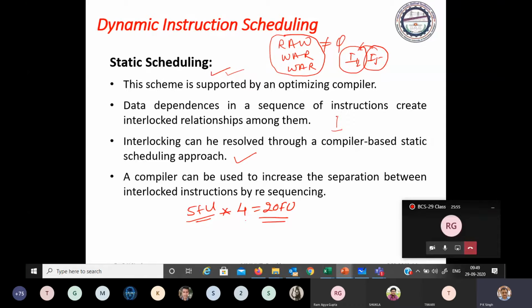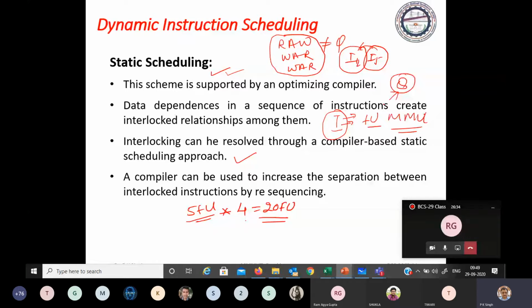if you write a program, that program may not have multimedia instructions or floating point instructions. Then you can't use the floating point unit or the multimedia unit. Okay, you can't use these 2 units, and the total number of units is 8, and these 8 units are not being used during the entire execution of the program.